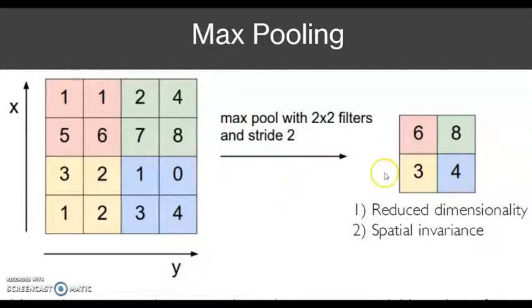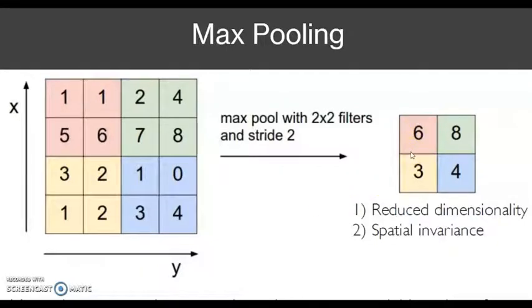This makes a smaller size with fewer parameters. By taking the maximum value of the pixels, we are accounting for distortion, and if the feature rotates a little to the left or to the right or whatever, the pooled feature will be the same.